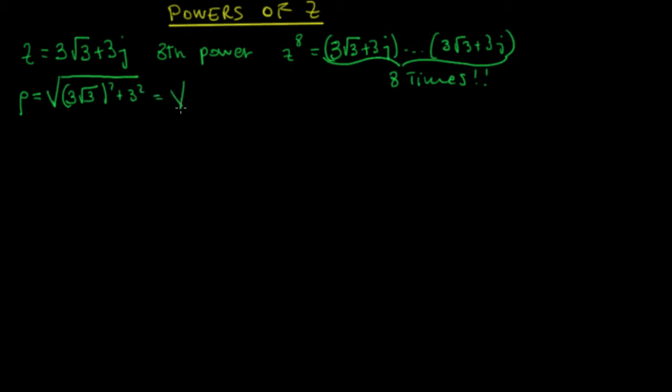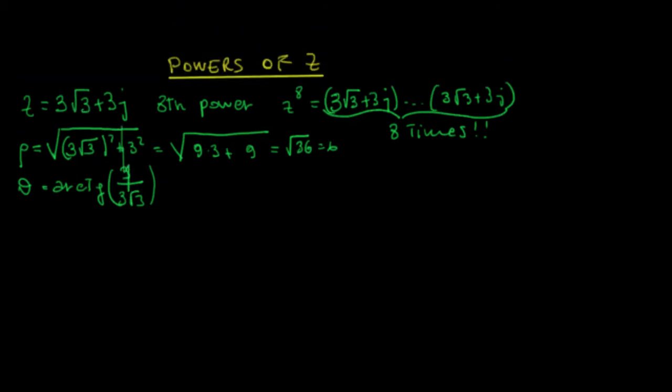That is equal to the square root of 9 times 3 plus 9, which is the square root of 36 and is 6.